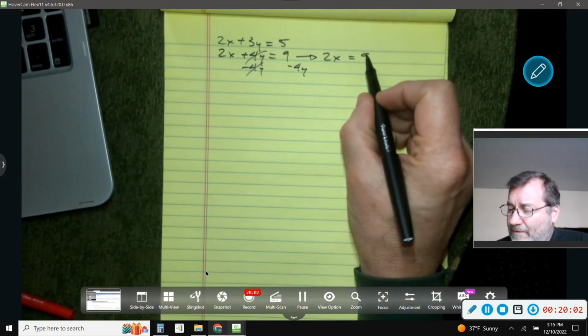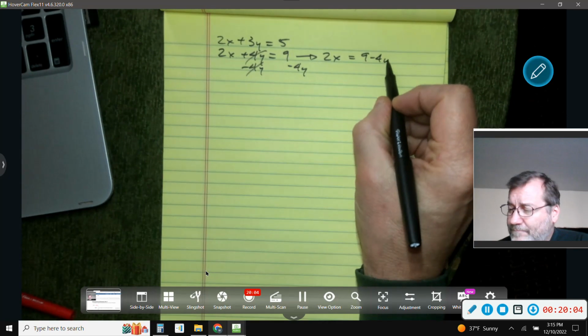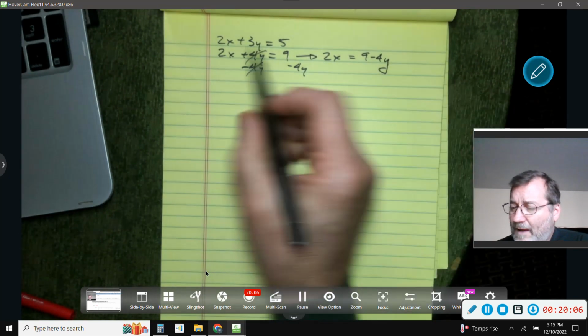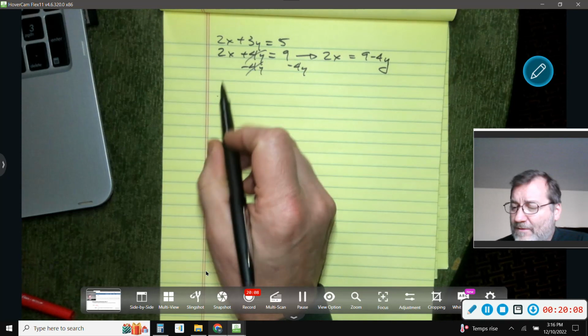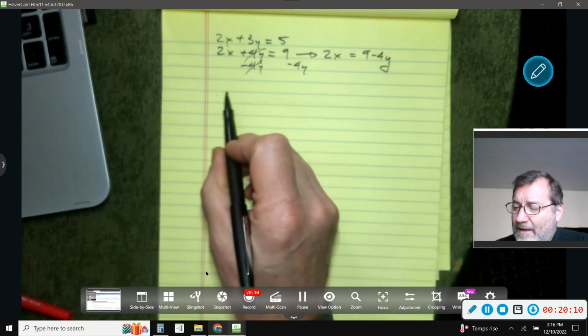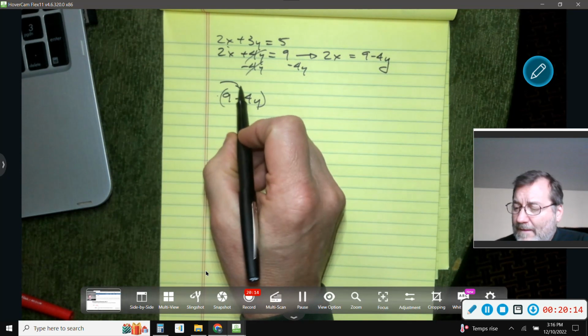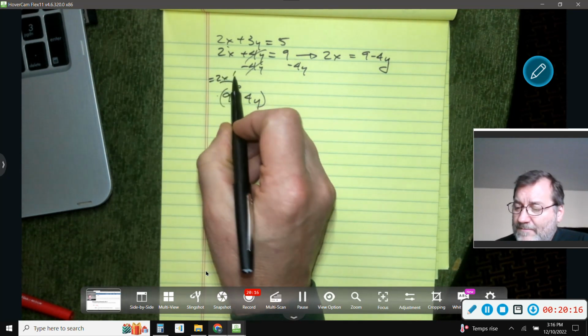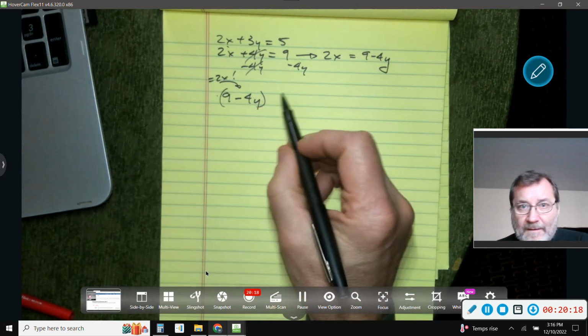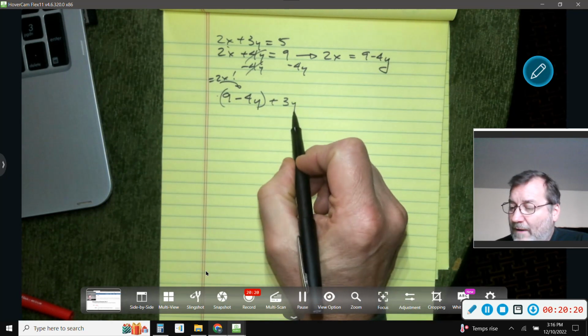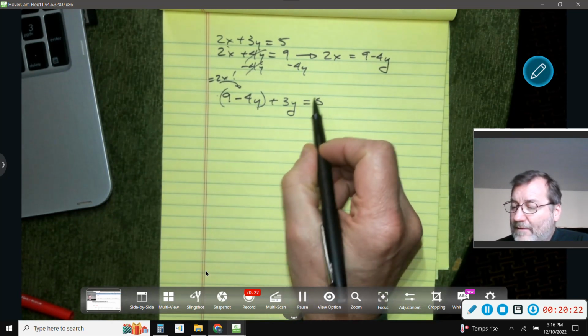So 2x equals 9 minus 4y. Okay. Now I'm going to substitute in this top one. So instead of the 2x, I'm going to have 9 minus 4y, and then I'm going to add 3y, and that's going to equal 5.